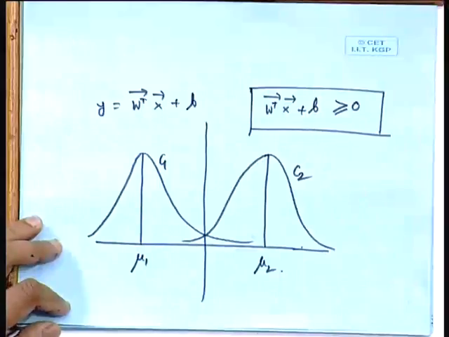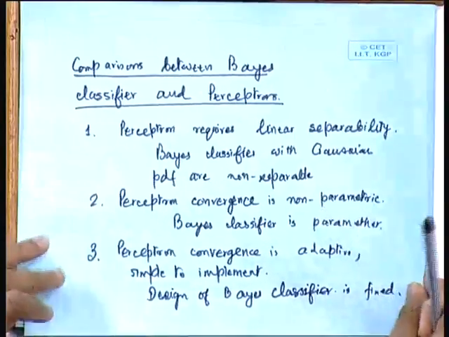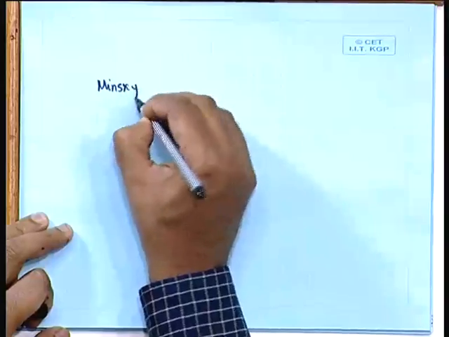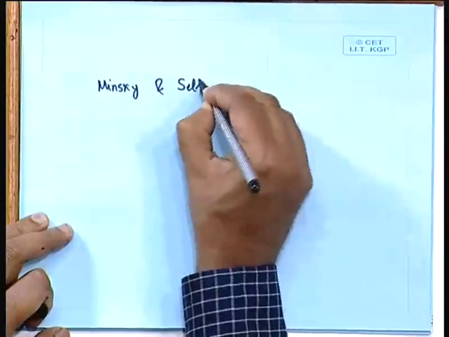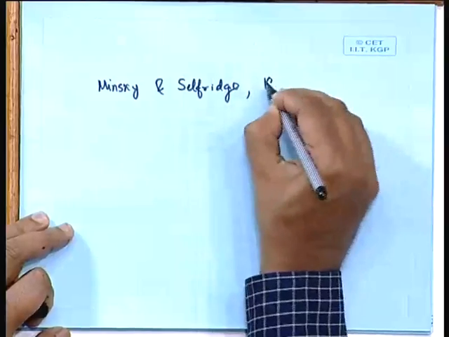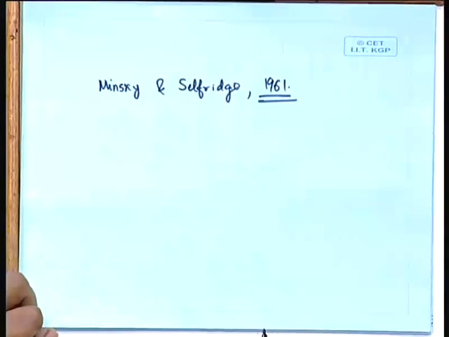Now, in the 1960s, after Rosenblatt's theory was presented, it was Minsky and Selfridge, these two scientists, who in the year 1961 presented a paper showing the inadequacies of perceptron, in the sense that perceptron cannot solve problems which are not linearly separable.